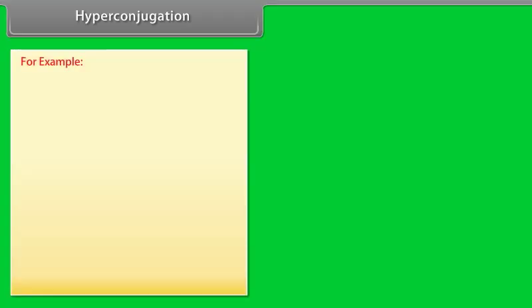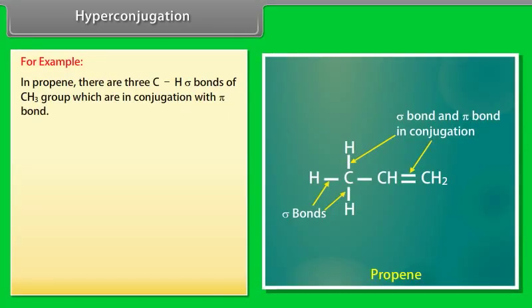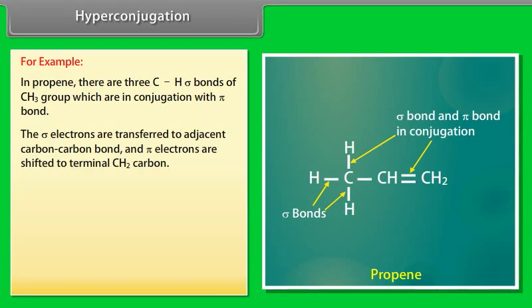For example, in propene, there are three C-H sigma bonds of the CH3 group which are in conjugation with the pi bond. The sigma electrons are transferred to the adjacent carbon-carbon bond and pi electrons are shifted to the terminal CH2 carbon.